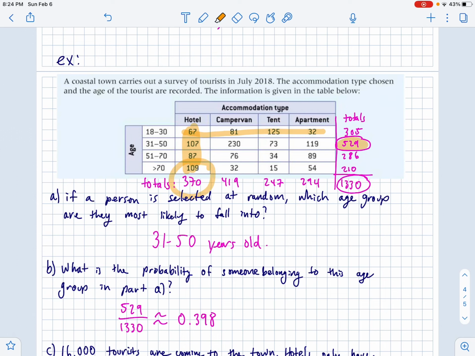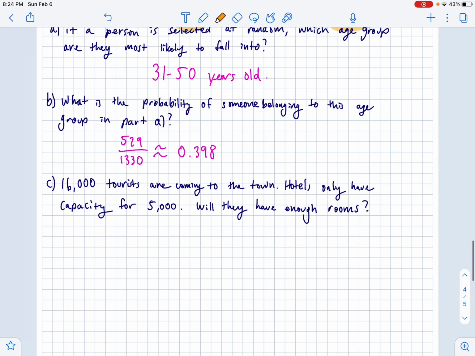People that are staying in hotels are 370 out of 1,330. So the probability of a hotel person is 370 out of 1,330. That number is going to get multiplied, because that's the probability that somebody will stay in a hotel, we're going to multiply that by 16,000 people to see about how many of the 16,000 would stay in the hotels.